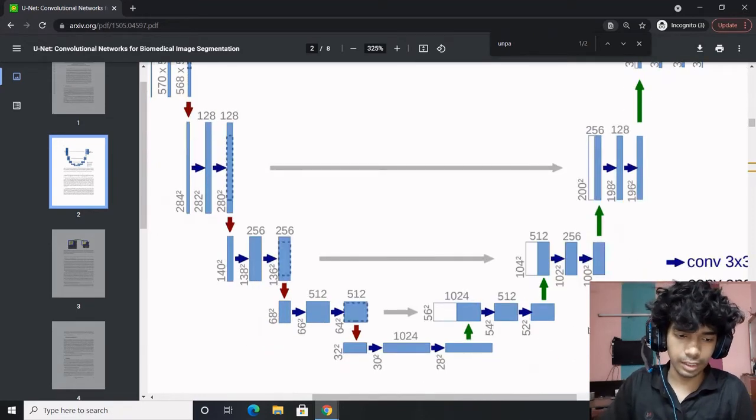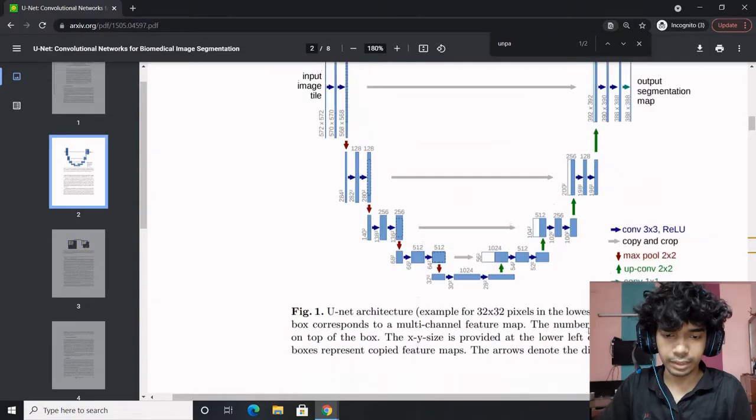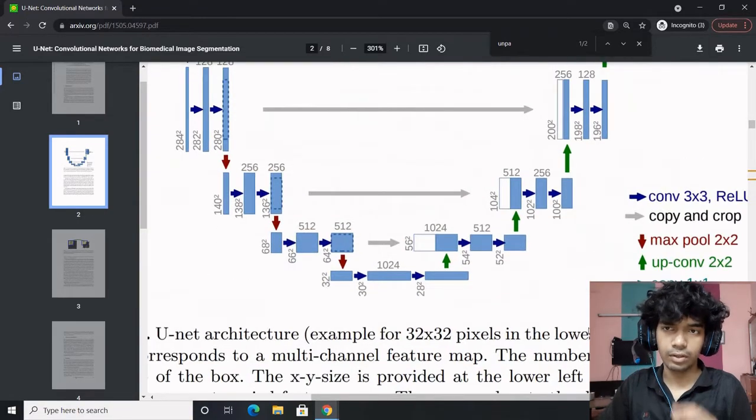So we will be doing upconv 2D. Now this upconv 2D, I read in the paper, happens by doing a convolution on top of upsampling.